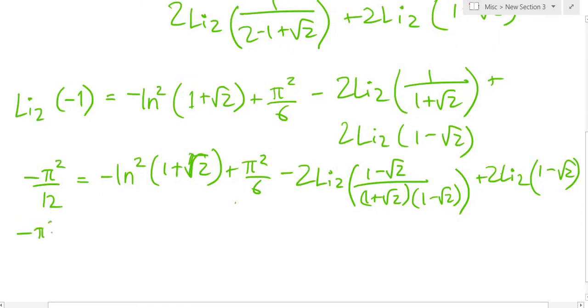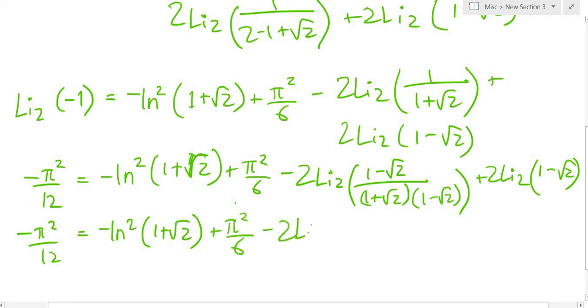So we have negative pi squared by 12 equals negative ln squared of 1 plus square root of 2 plus pi squared by 6 minus 2 times the dilogarithm of 1 minus square root of 2 divided by, we can use a plus b into a minus b, which equals a squared minus b squared, the difference of squares formula. So 1 minus root 2 squared, 1 minus 2 is a negative 1 now, isn't it?